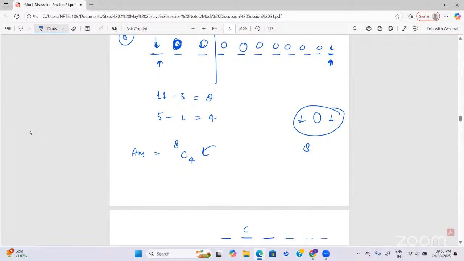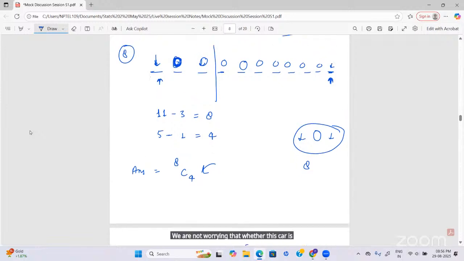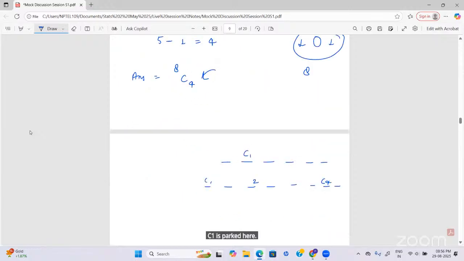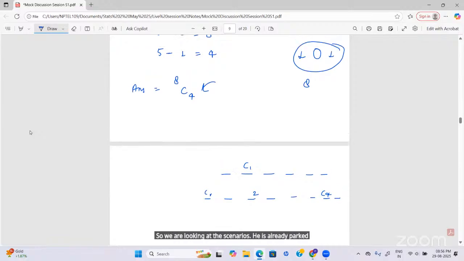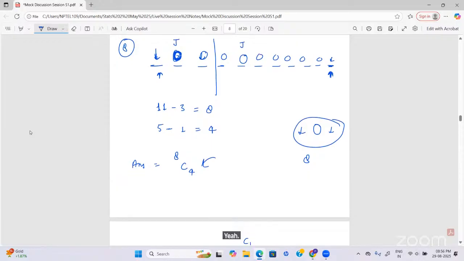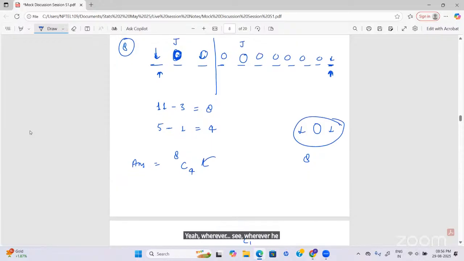We are not worrying whether this car is parked here or here, C1 is parked here or here. So we are looking at the scenarios. He is already parked. Now we are just selecting the spot for the other cars. Simple. Wherever he has parked, we are left with 8 positions, 8 places to be filled.